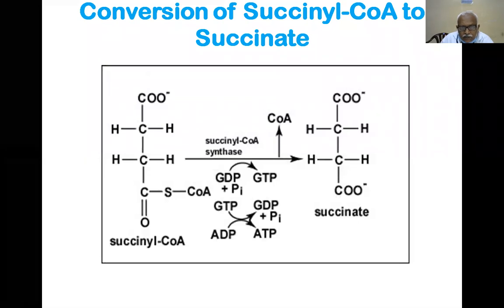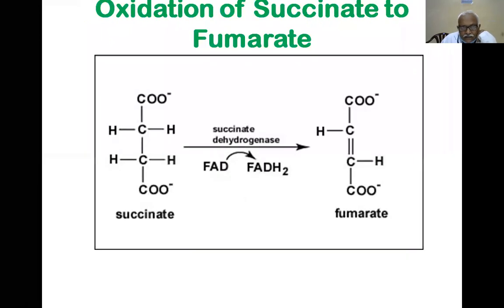Succinyl-CoA will be converted to succinate by the participation of succinyl-CoA synthetase. And one ADP will be converted to one ATP, or one GDP will be converted to GTP.